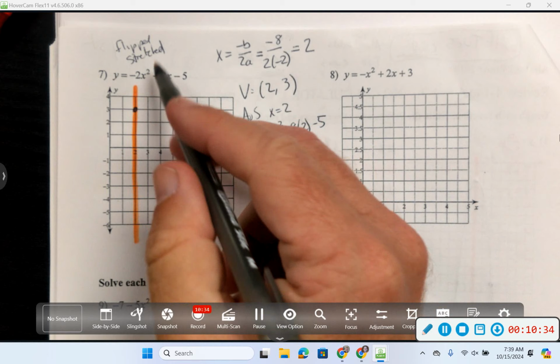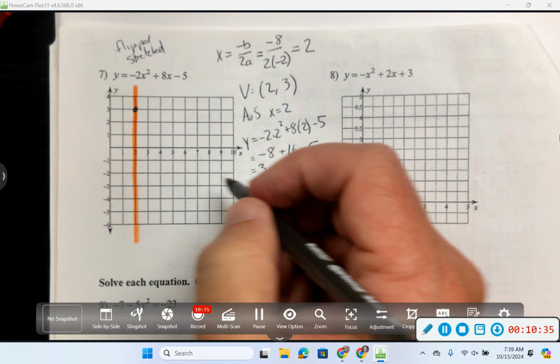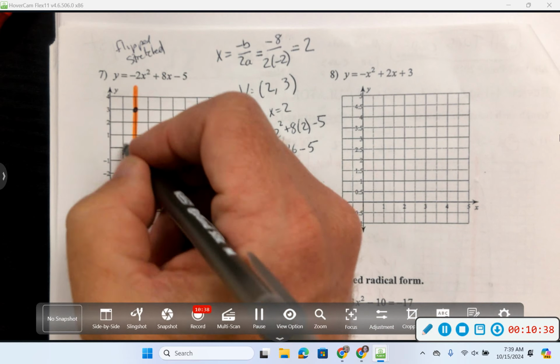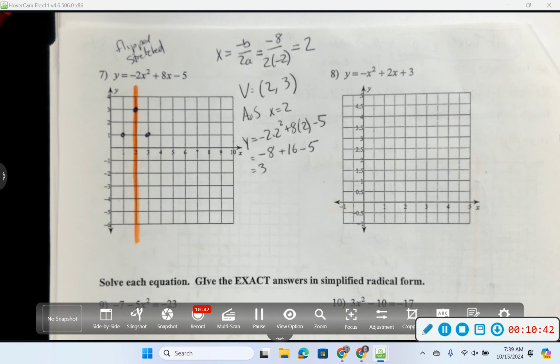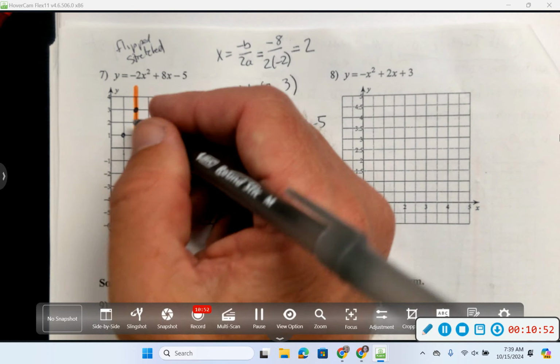I can do the 1, 1, 2, 4 business, although it's stretched. So when you say it doesn't work, what do you mean it doesn't work? It works in terms of getting points for the graph. It's not a direct point. It doesn't work for telling me the x-intercepts. So it's perfectly fine to do, and it's a good way to graph.